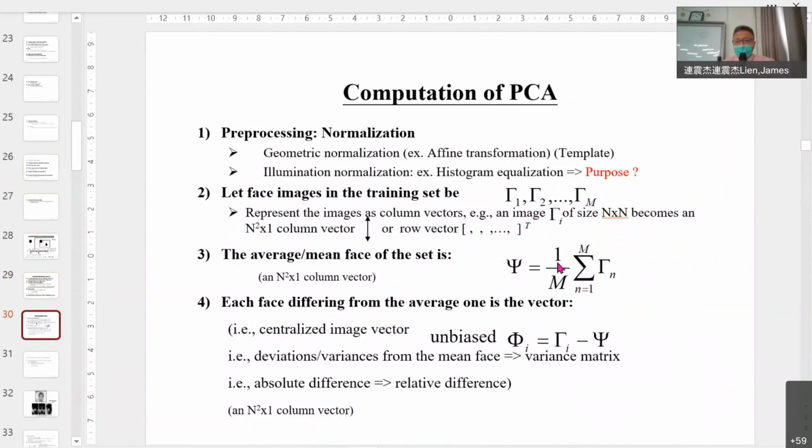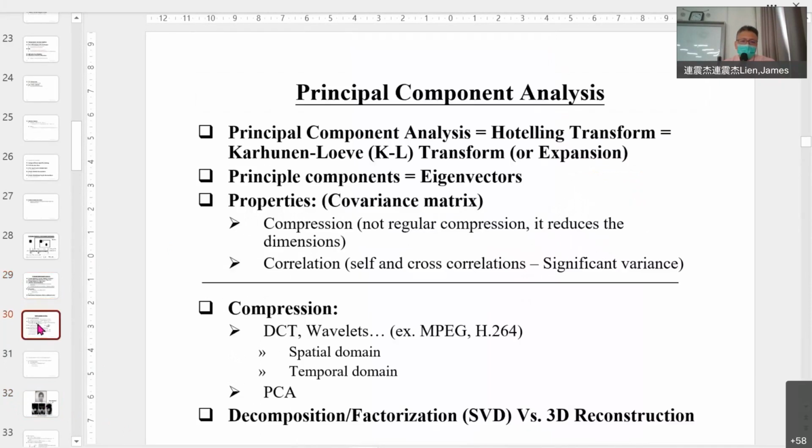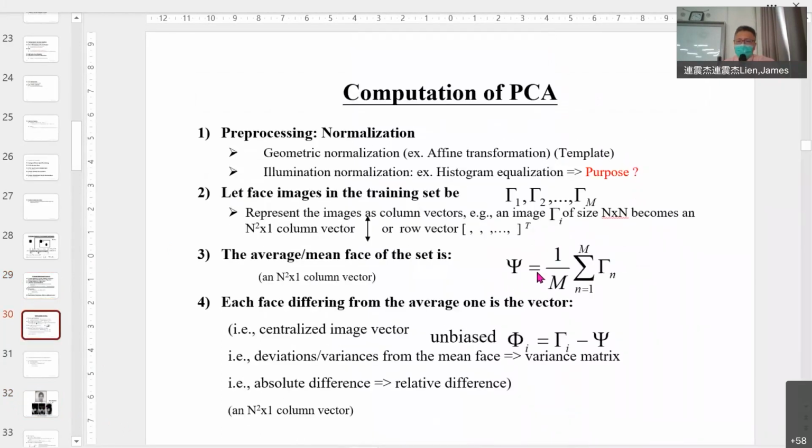First of all, we try to find the average face, on page 32. Because we need to find the mean value, we find this average face. Each time, we subtract the average value from each image. This average value we call unbiased.